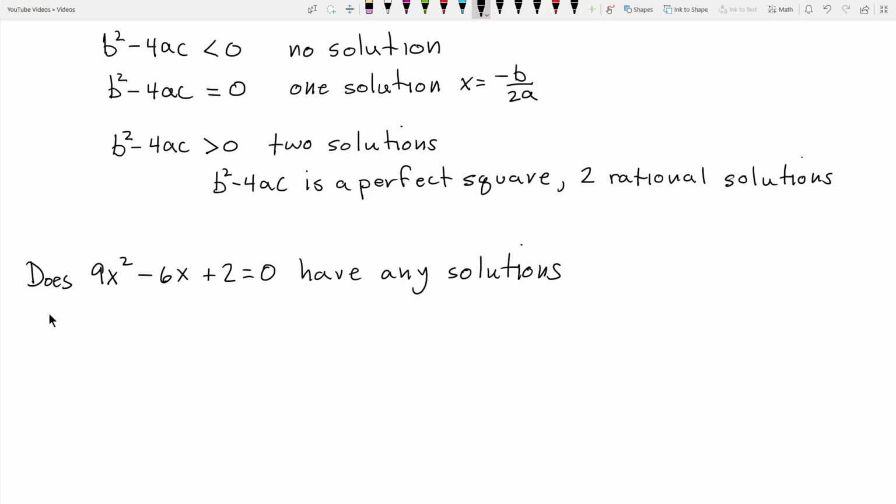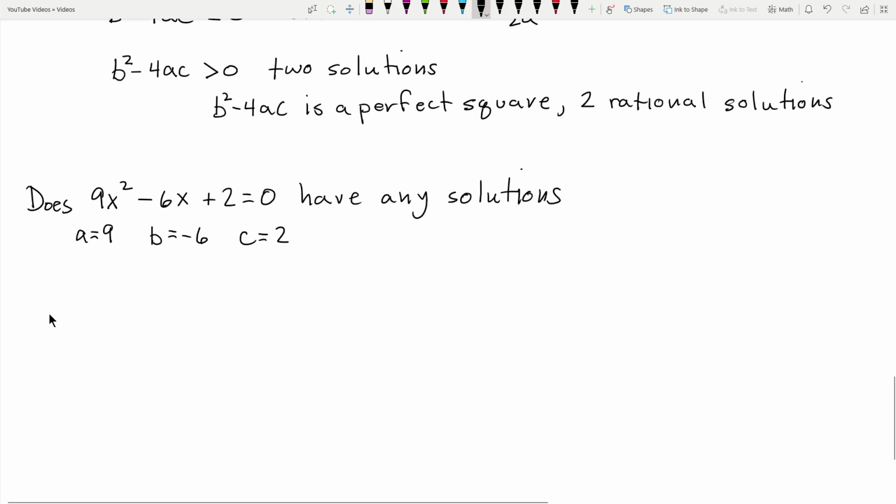Okay. So I'm going to pick out A, B, and C. And I'm going to see what happens to my discriminant. Right, so b squared minus 4ac is going to be negative 6 squared minus 4 times 9 times 2.